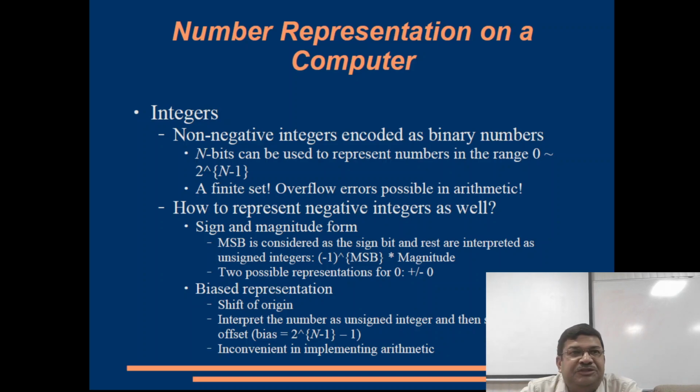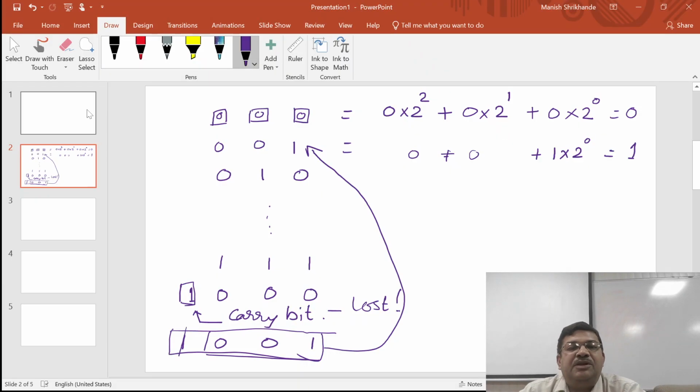So, as we discussed in the morning, the way we understand integers is that there is a whole number which defines the magnitude of the number, and there is a sign associated with it. So you can have sign and magnitude form. We can assume that the most significant bit carries the maximum weight as far as the power of exponent goes.